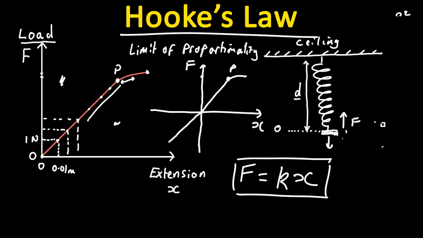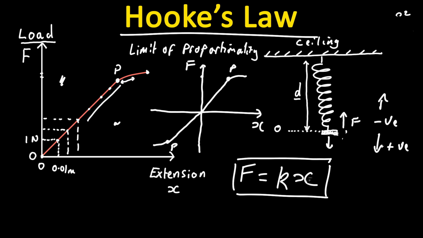So this is the negative direction and that would be the positive direction, until we also hit some limit of proportionality where the spring or whatever material we're compressing doesn't go back to its original length when the force is removed.